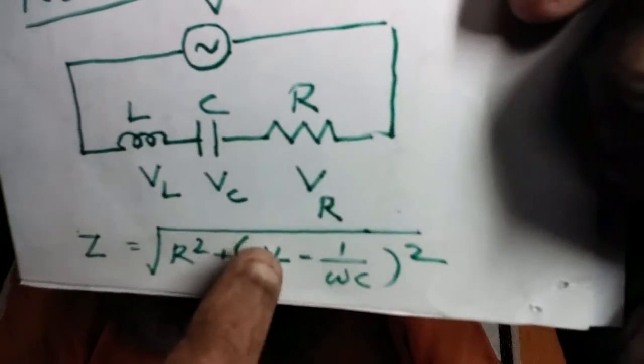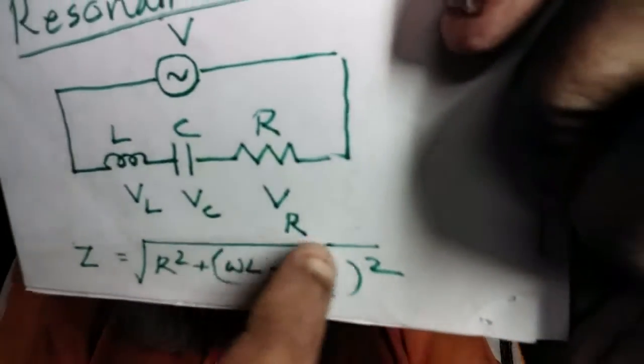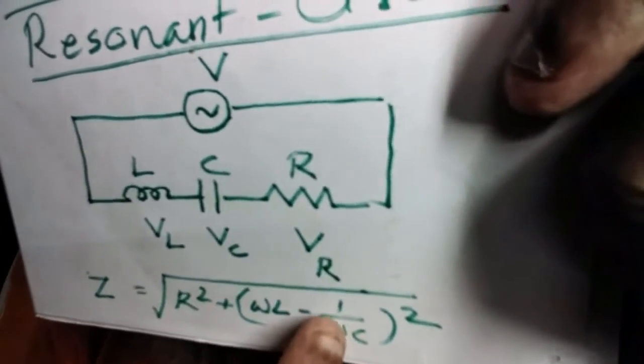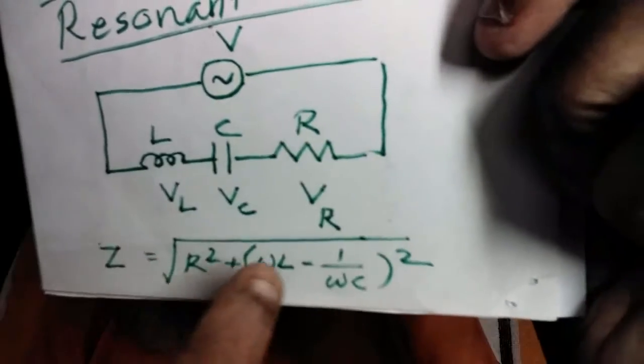So on the total, the term in the bracket is high now also, so Z is also high. That means current is small. So at small frequencies and higher frequencies, Z is high and current conducted by the circuit is small.